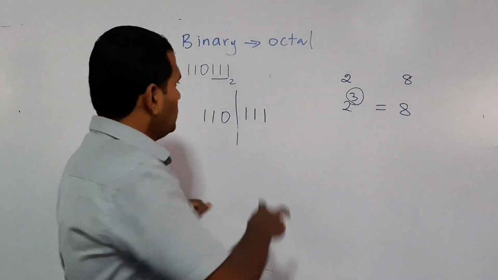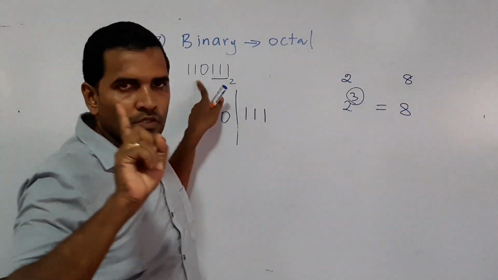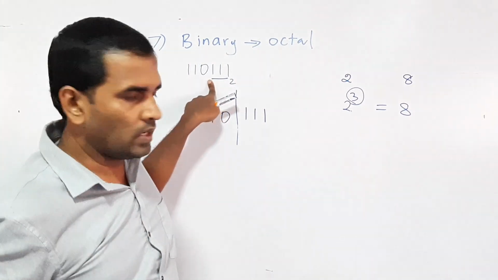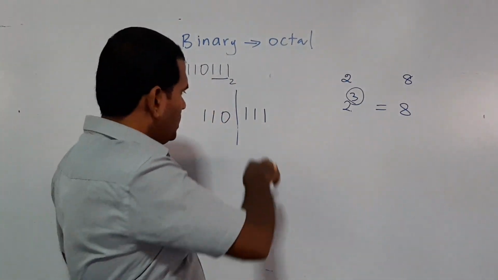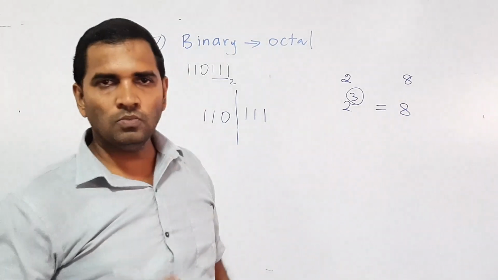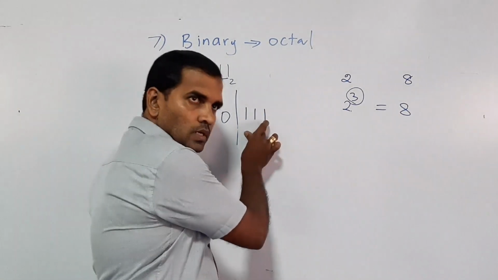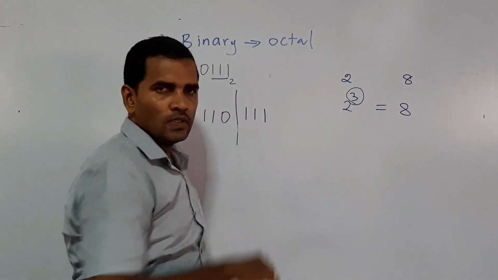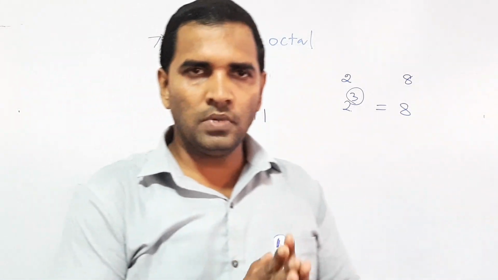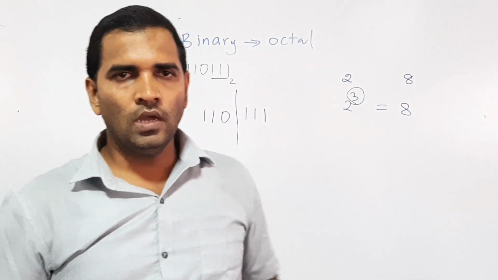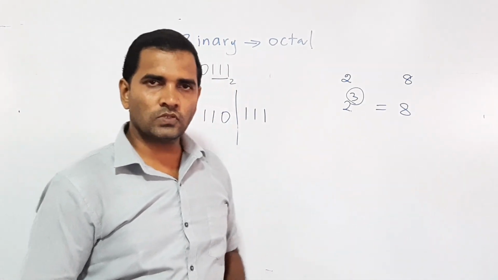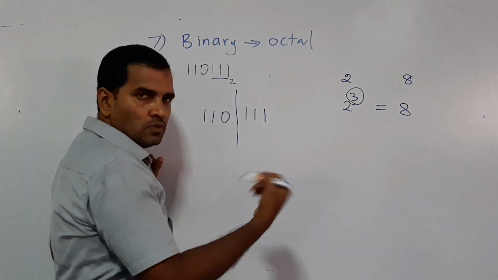One more thing, look here, this is one number. Yes, that's one number, but that one number has been broken into 2 parts. So now 111 is a number, 110 is another number, because the number has been divided into 2, there are 2 numbers. That is important to go to the next step.